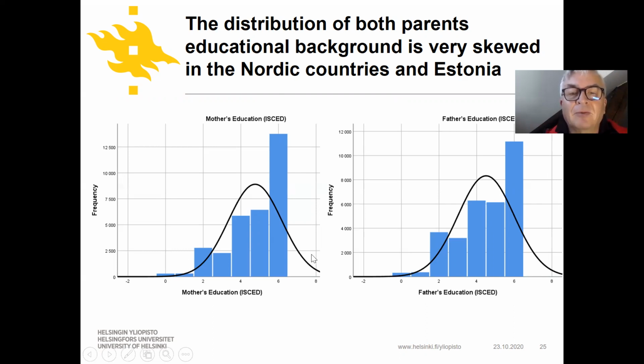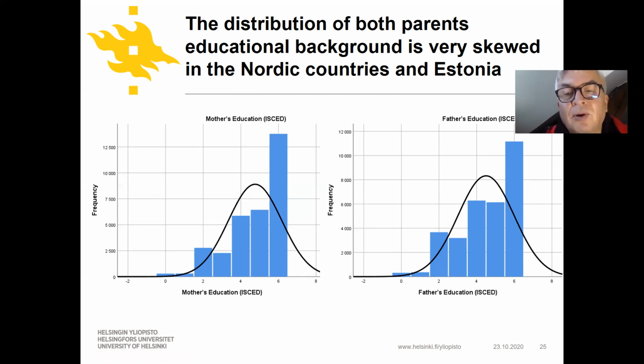This would be how it would be if it were normally distributed. And obviously, the mother's distribution is very skewed. The father's distribution is slightly less skewed, but still very skewed. So this would be almost no education, secondary education, and here would be masters and doctors from universities.